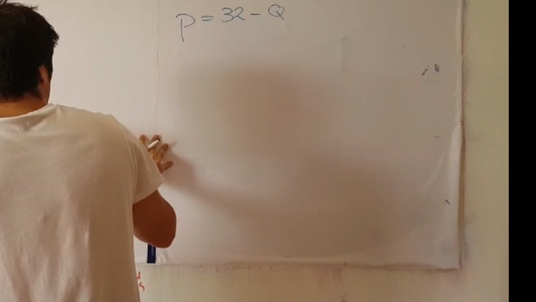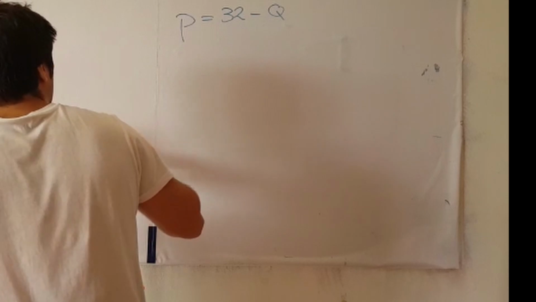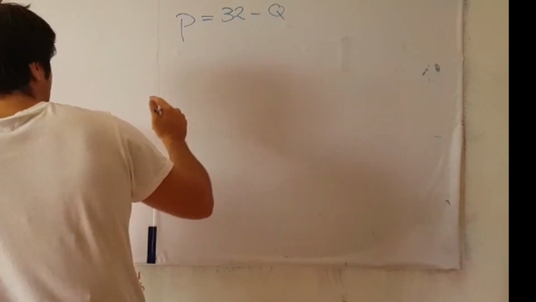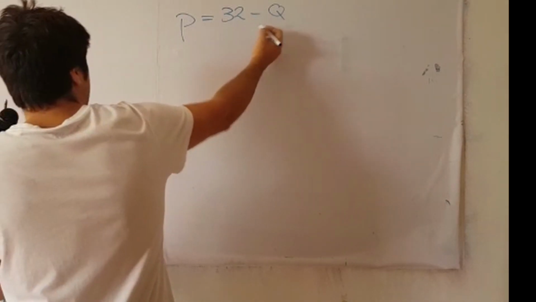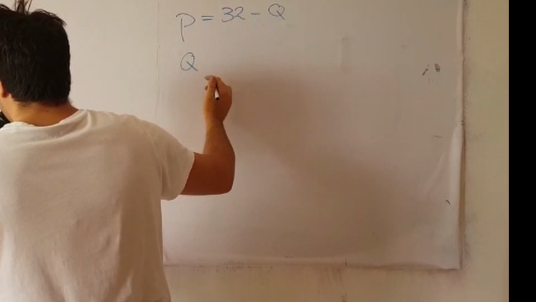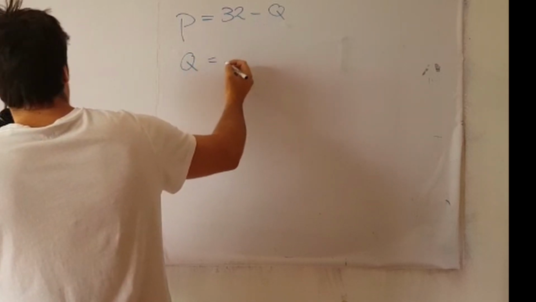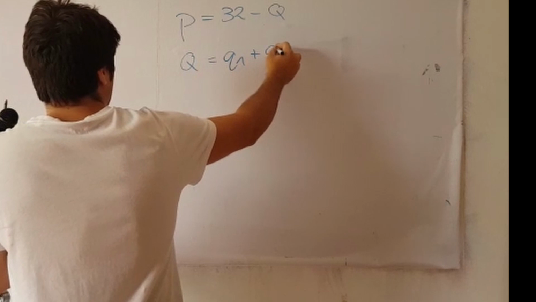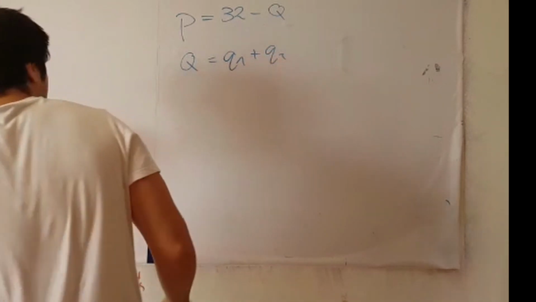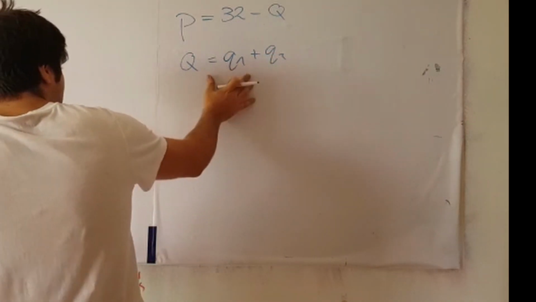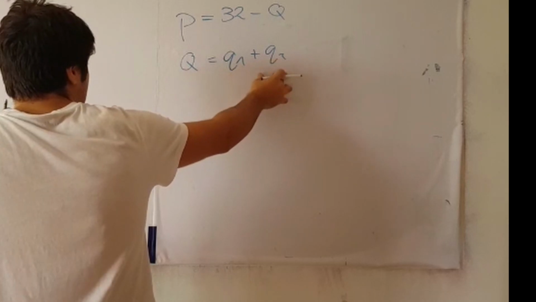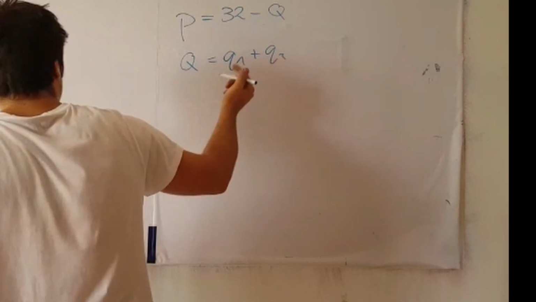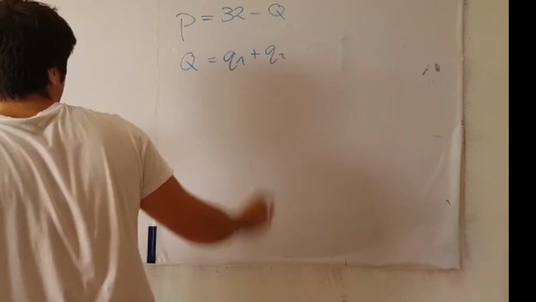And since we have two firms, this oligopoly is composed of two firms, this Q here is actually going to be composed of Q1 and Q2. Q1 is going to be firm 1 and Q2 is going to be firm 2, quantity 1 and quantity 2.